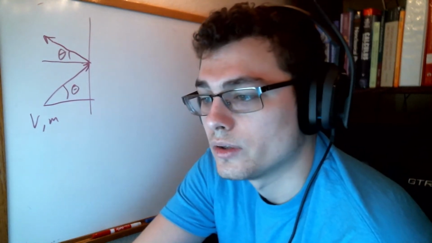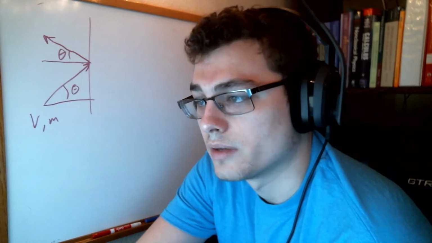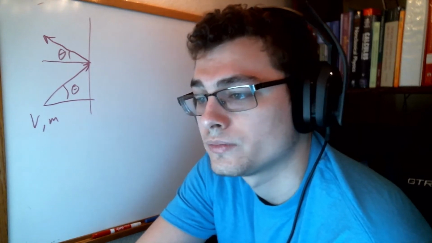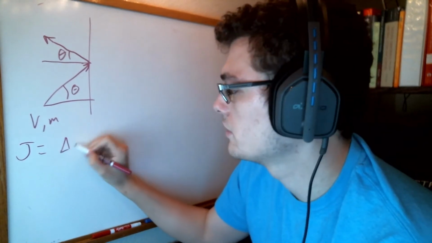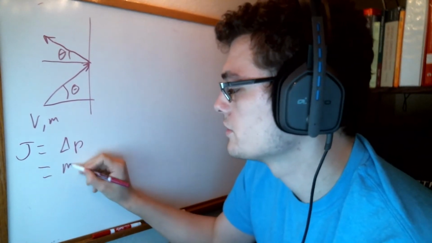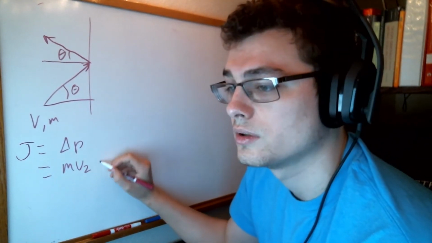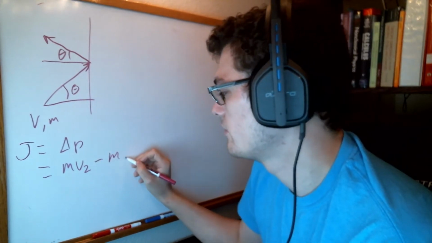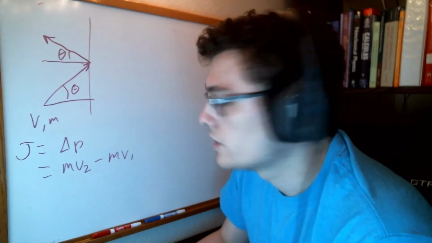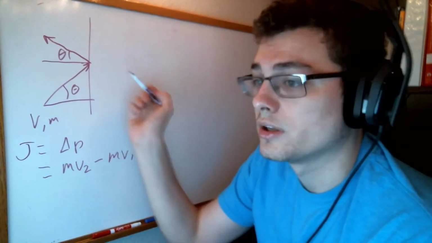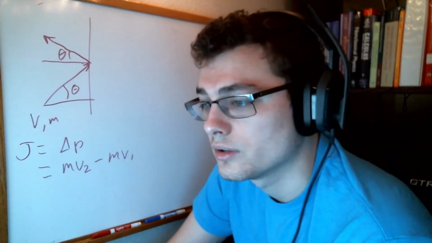Okay, so we have to say what is the magnitude of the impulse delivered by the wall. And so we just start with our J formula, J equals delta P equals mv2 minus mv1. And so mv2 is pointed in this direction here.